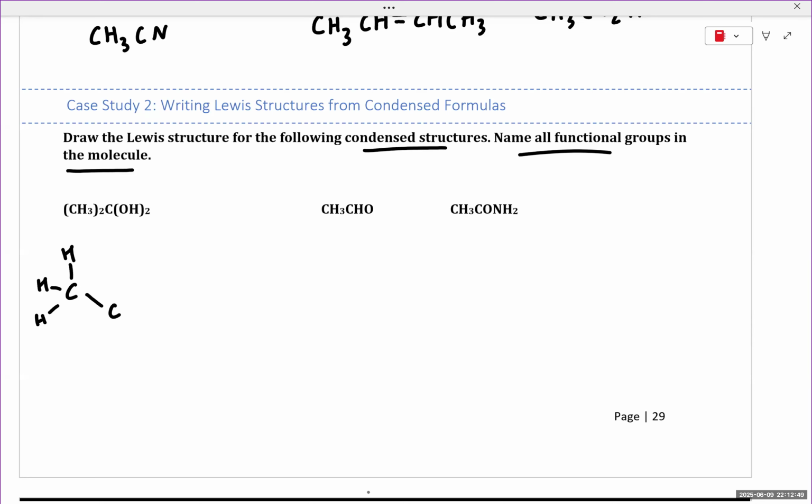These two CH3 groups are attached to our central carbon. How can we tell? That carbon has way less hydrogens than usual. Also attached to this carbon are two OH groups. So in this case, the functional group that we have is an alcohol.